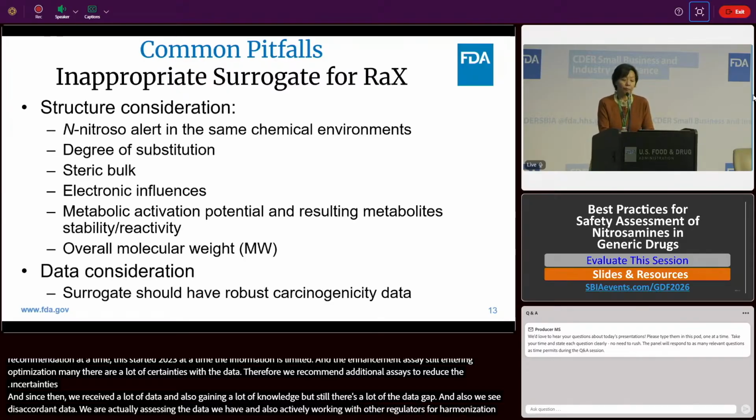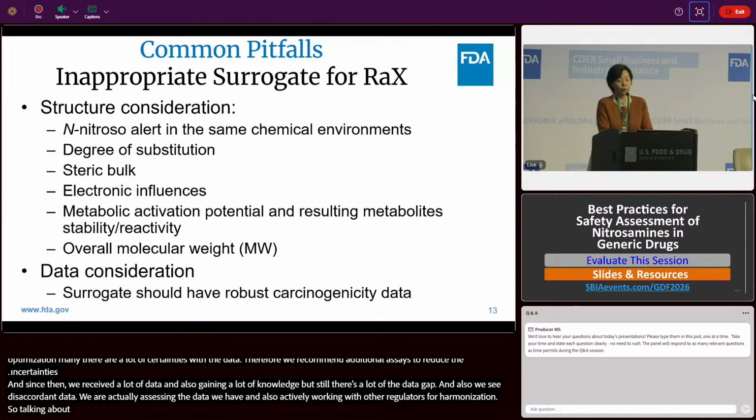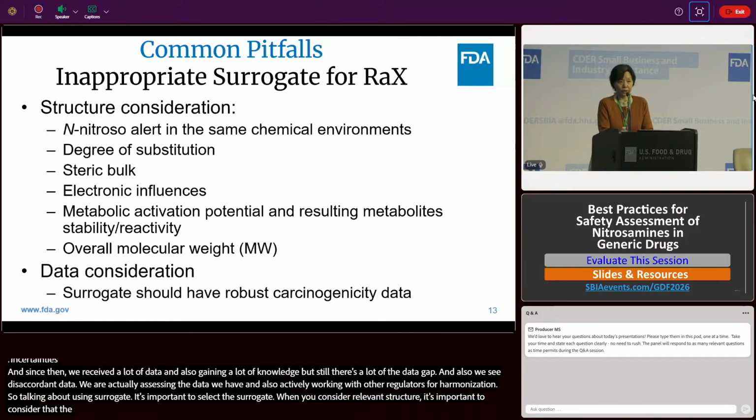Talking about using read-across with a surrogate, it is important to select a structurally relevant surrogate. When you consider the relevance of structure, the nitroso alert in the surrogate should be in the same chemical environment as the subject nitrosamine.